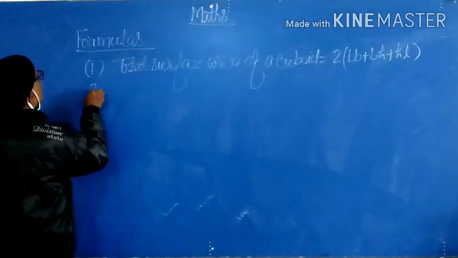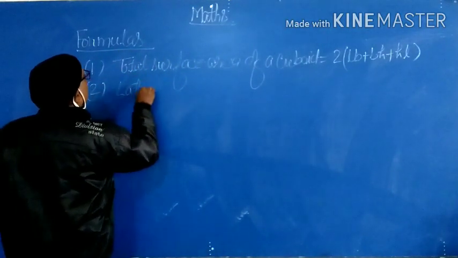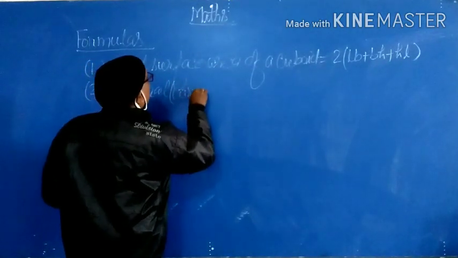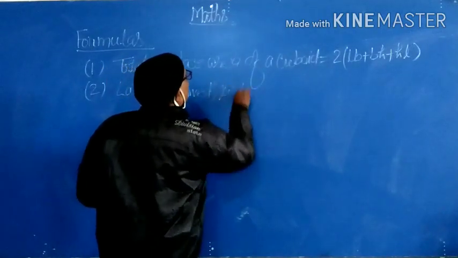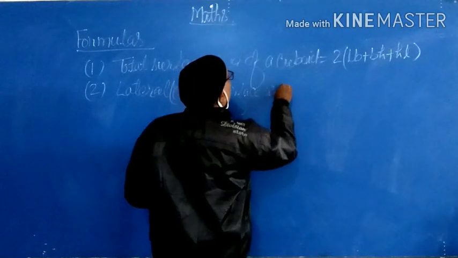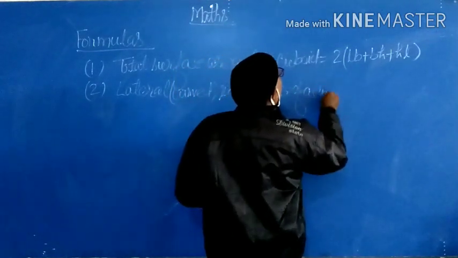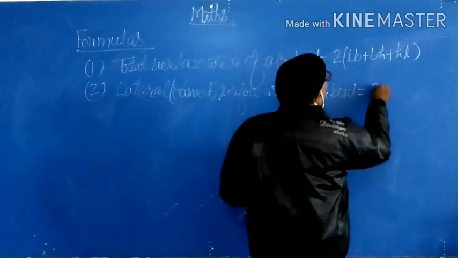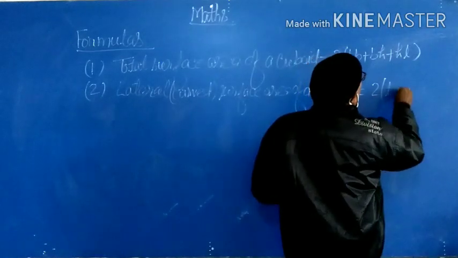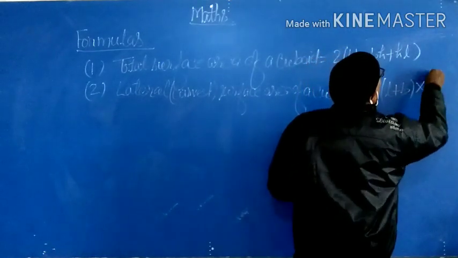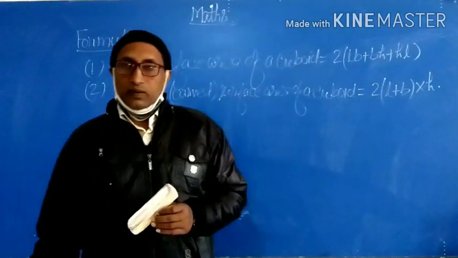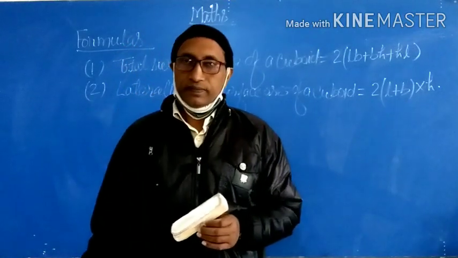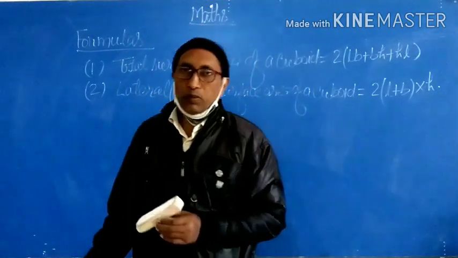Then second, the lateral or curved surface area of a cuboid is equal to 2 in the bracket L plus B into H. This is also equal to the area of the four walls of a room or hall.